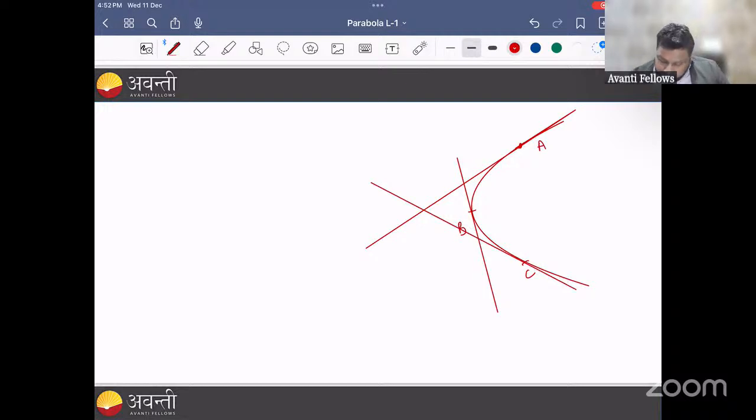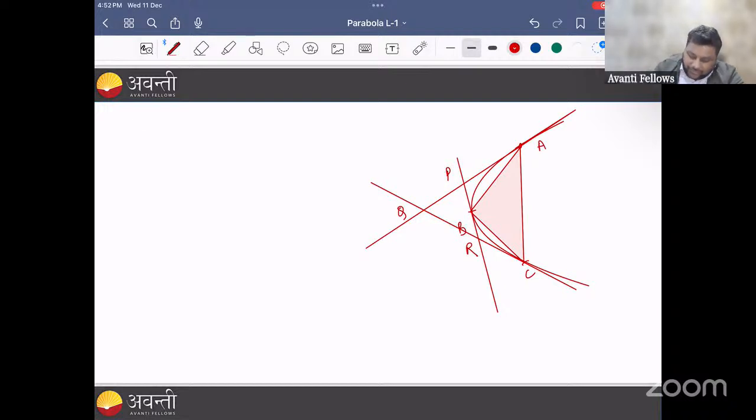So this is ABC, this is PQR. So there are 3 points on the parabola A, B, and C. Now you have drawn 3 tangents to these 3 points on the parabola, and you make a triangle outside the parabola, which is PQR.